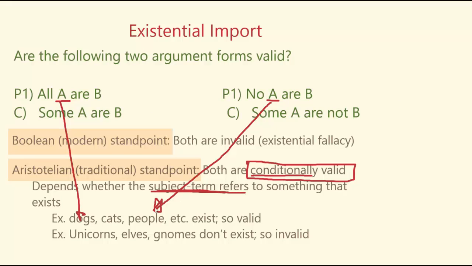On that condition, on the condition that it refers to existing things, it has existential import, and therefore does commit us to the existence of the things on the Aristotelian traditional standpoint. And since it commits us to the existence of those, then because these are true, it will have to be that there exists at least one thing that's an A, that's a B given this premise, or given this premise, there'll have to be something that is an A and is not a B.